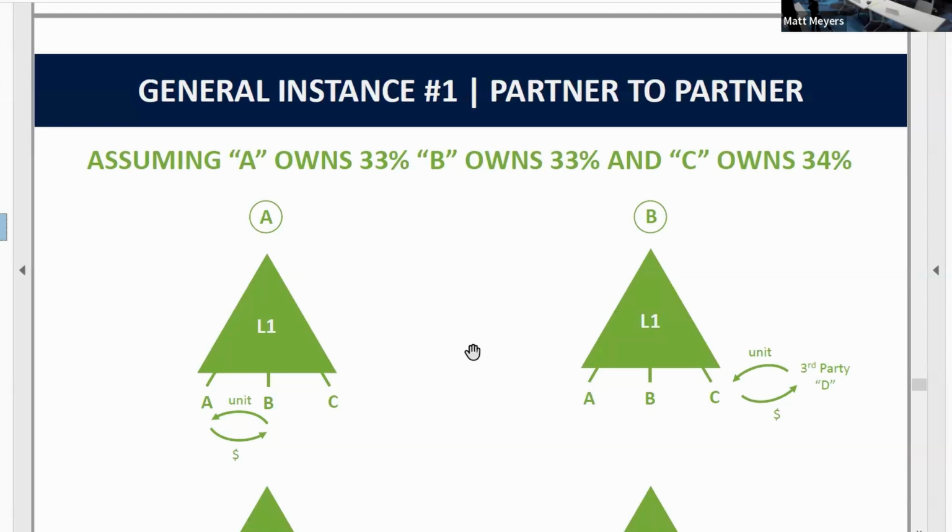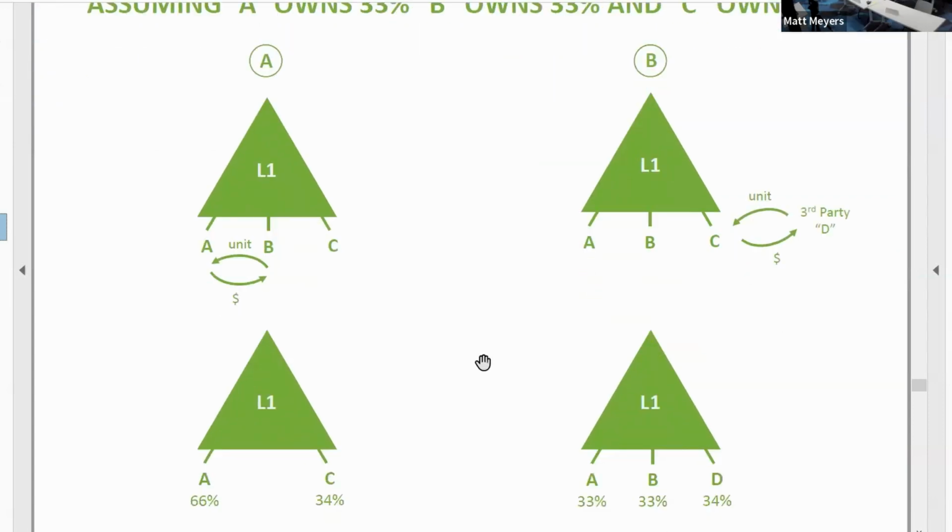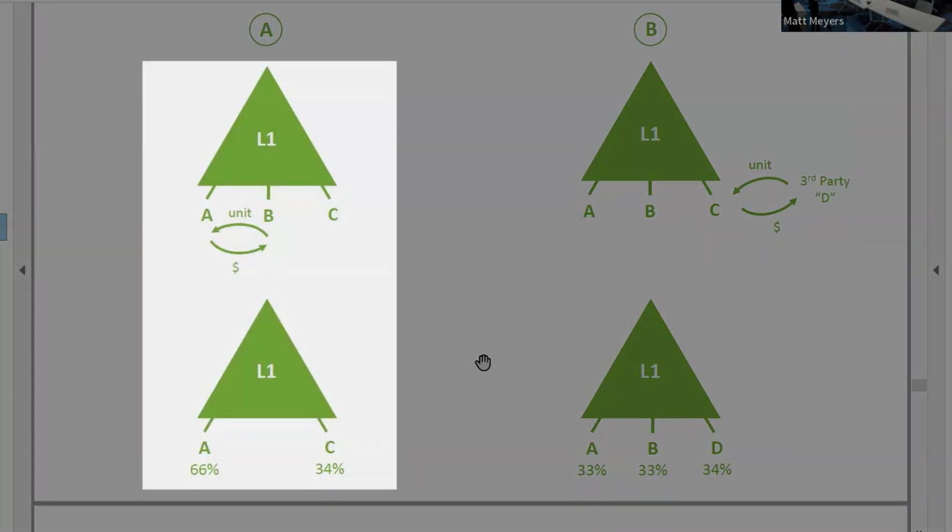Okay, so the left side of the screen is A buys B's units, and once that happens, you'll see that it goes from a third, a third to 66% A and 34% B because A had his or her interest concentrated by virtue of buying out B's interest.